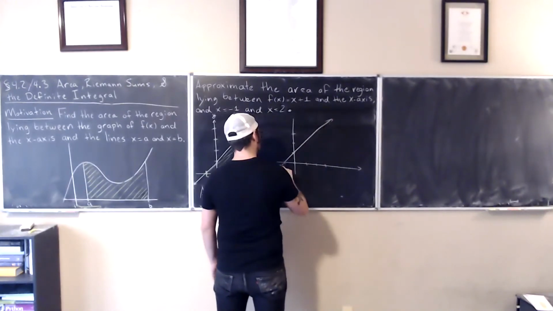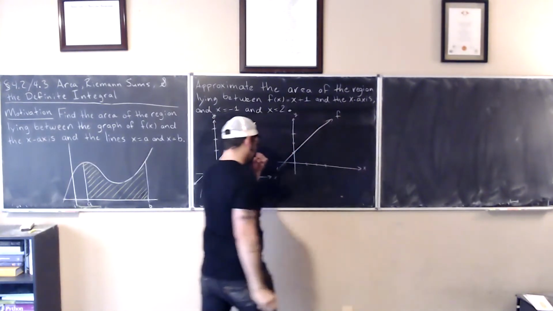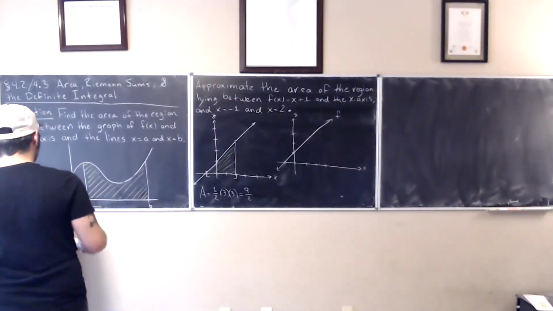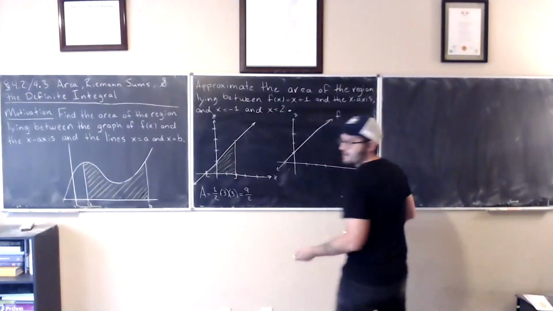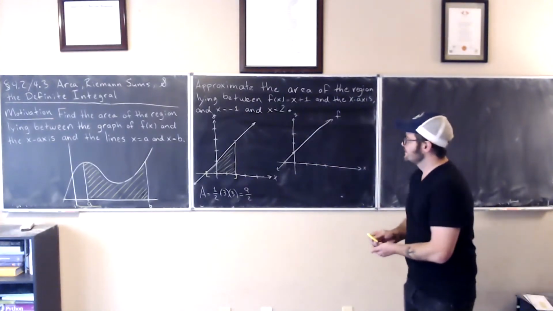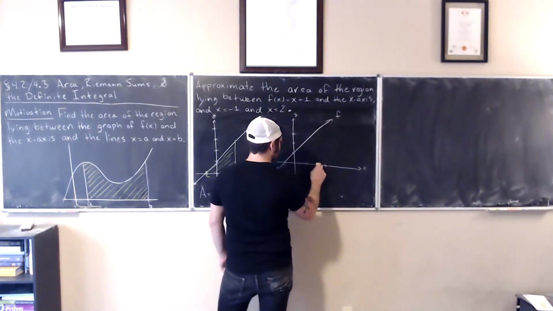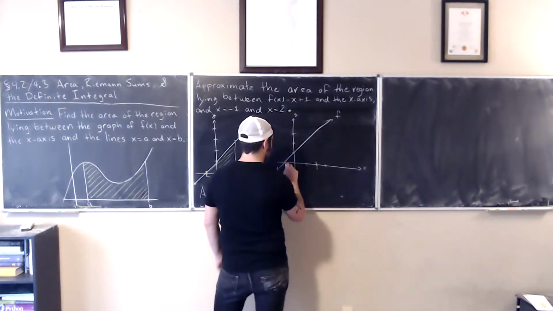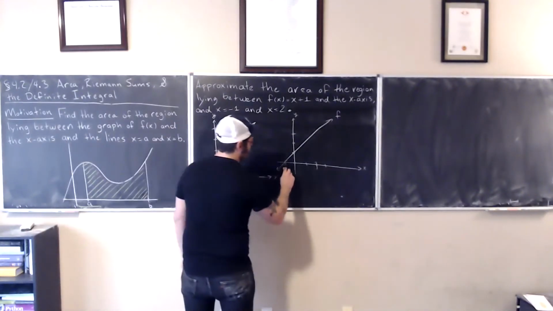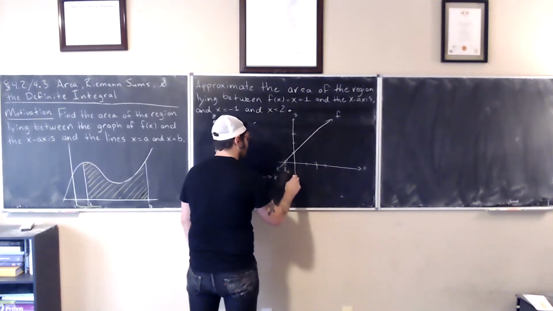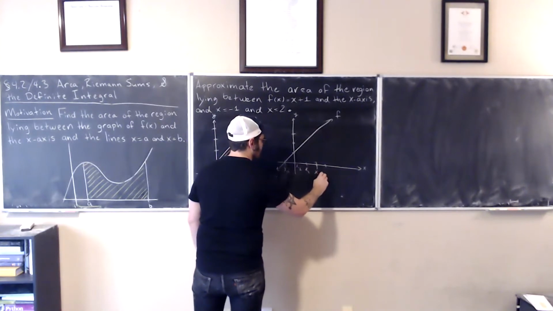All right, so here's the graph of f again, okay? So one way that we can approximate this area that we know to be 9/2 is to say, so this is the interval in question. I'm going to say that this is x0, this is x1, this is x2, and this is x3.